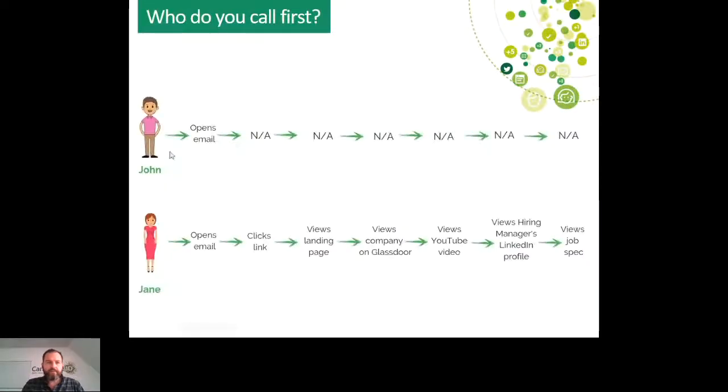So if, for example, we understand that John has opened an email in the last week, but did nothing else, whereas Jane opened an email, clicked a link, looked at a landing page, looked at your company on Glassdoor and on YouTube, and the hiring manager's LinkedIn profile and the job description, you know that Jane is much, much more likely to be ready for a conversation than John.